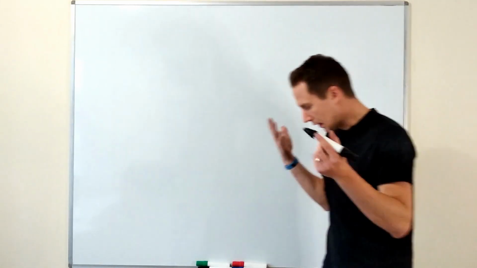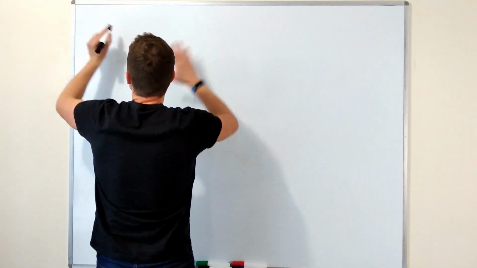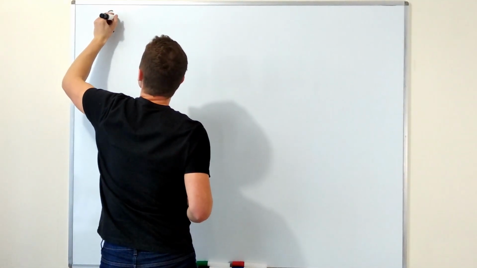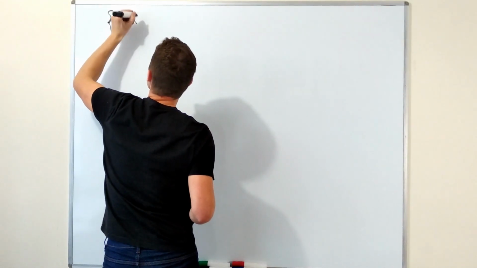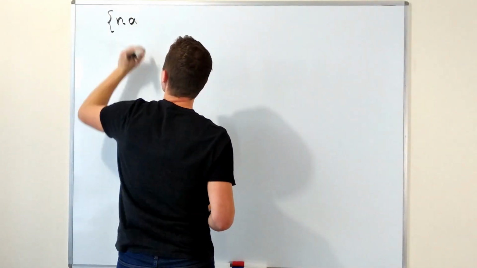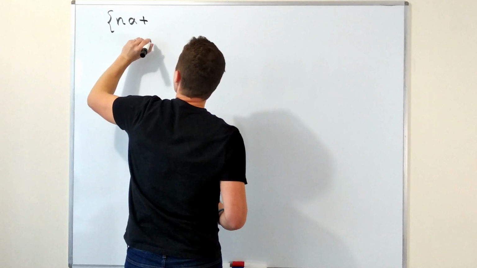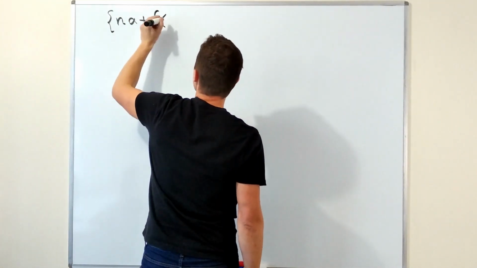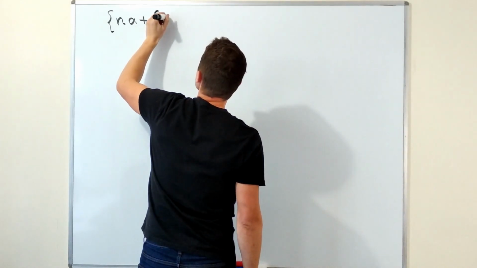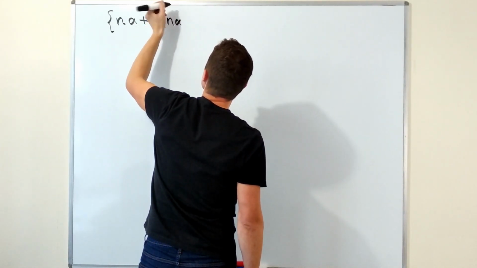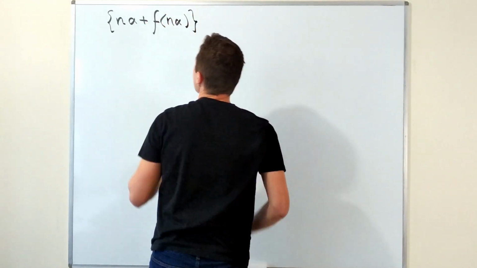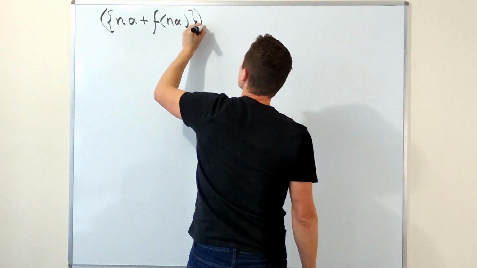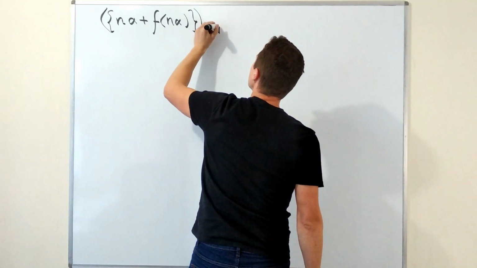Let me just quickly say what we are trying to prove. We have this irrational number alpha, we multiply it by n, and add to it some continuous periodic function at n times alpha, take the fractional part of this sum, and consider the sequence as n goes through the natural numbers.